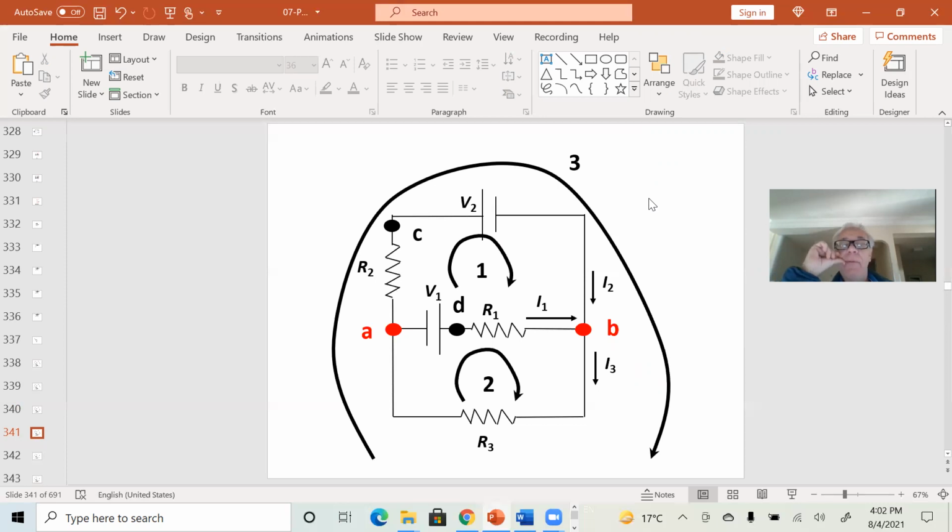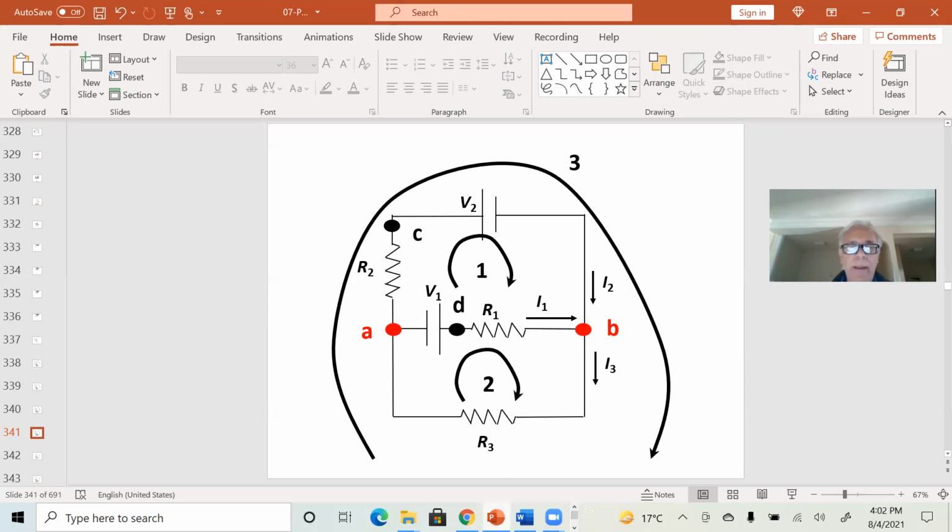In this one, we have 3 loops and 2 nodes. A more complicated problem. Each loop and each node are going to provide you with an equation, and you're going to end up having a system of equations to solve, which you will be able to solve.